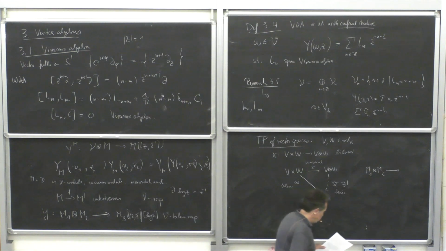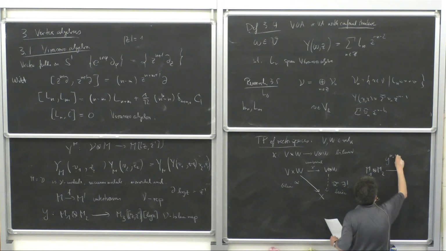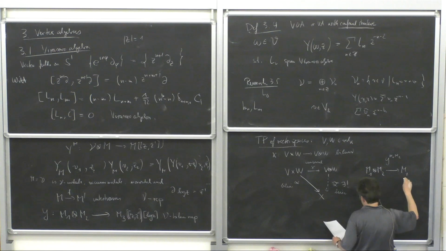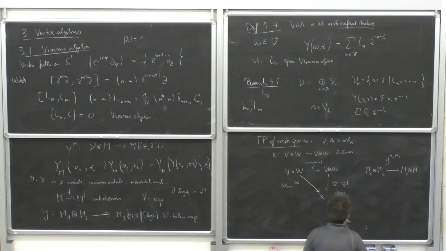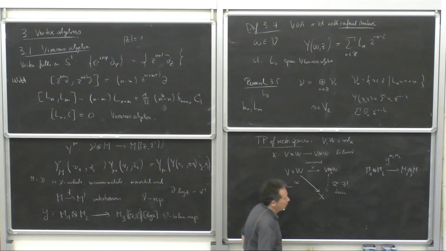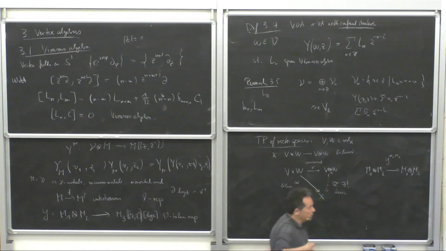So what we claim exists is a universal intertwining operator, which is bilinear, which goes into this tensor product. This is a new tensor product I'm defining. You see, here I defined what is the tensor product over K. Here I want to define a new tensor product over the vertex algebra. Think about it as a generalization of a commutative algebra.